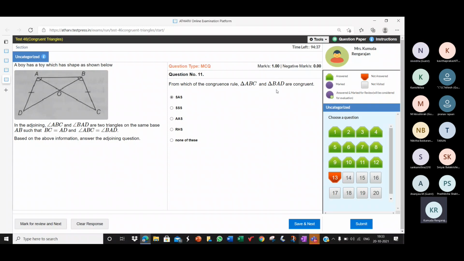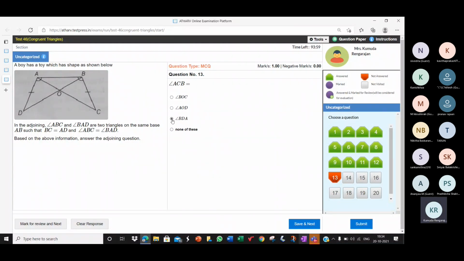In general, if I say angle ABC or angle CBA, both refer to the same angle. Angle DAB is this angle, and angle BAD is also the same angle. So similarly, angle ACB is equal to angle BDA, which can also be written ADB.